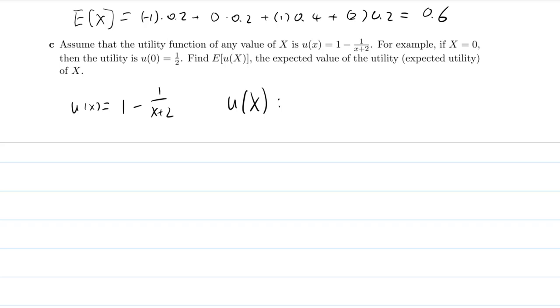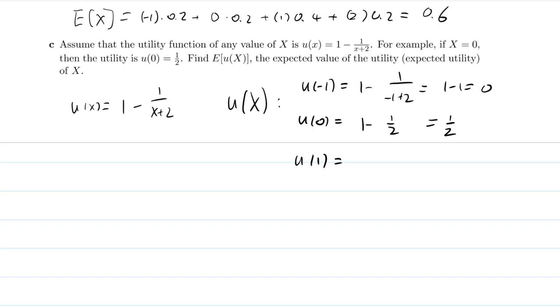If x is -1, we put -1 over here, and then we have 1 minus 1 over -1 plus 2, that's 1 minus 1, which is 0. For x equal to 0, we have 1/2. And u of 1 is 1 minus 1 over 3, that's 2/3. And u of 2 is 1 minus 1 over 4, that's 3/4.